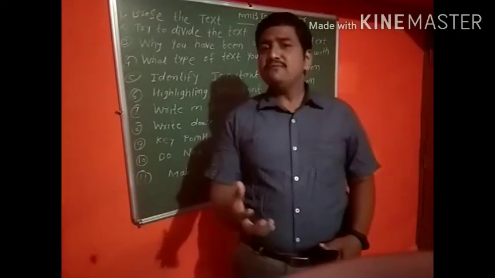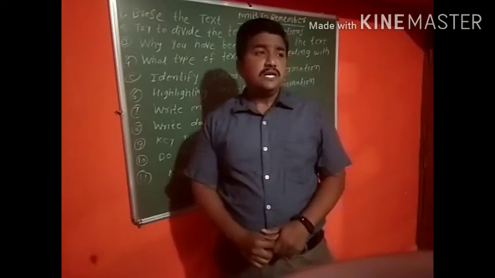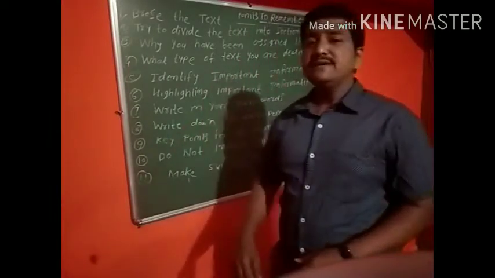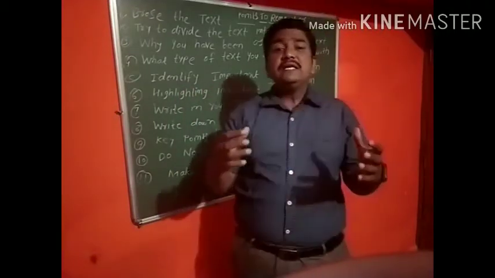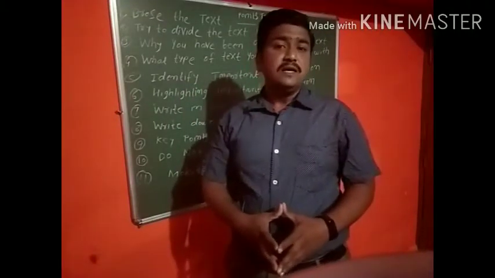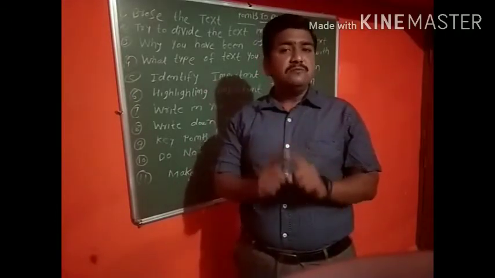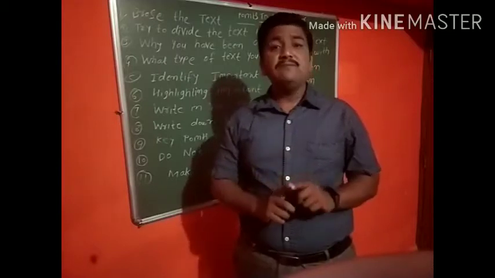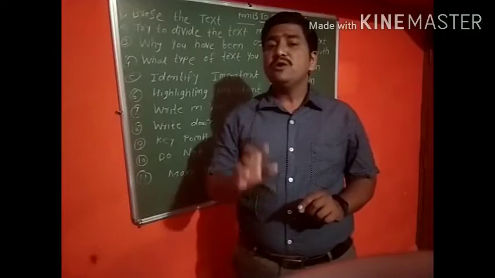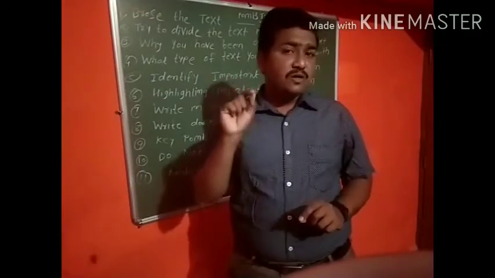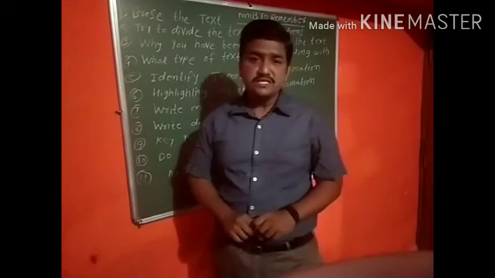If you really want to make the summary of the given passage, the very significant part is that you have to identify the important information, because when we try to make the summary, we have to focus just on the important aspects, the important information about what the subject is telling in the given passage.